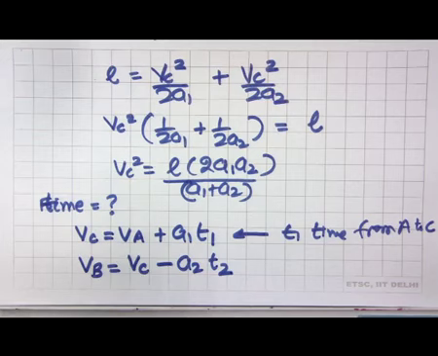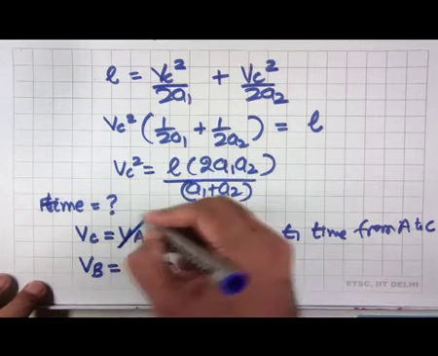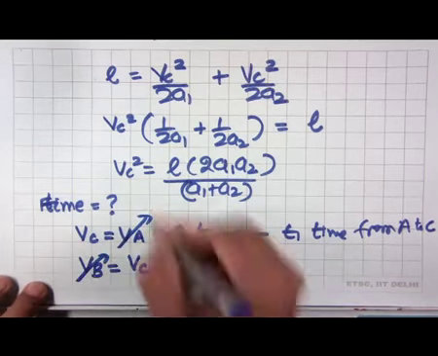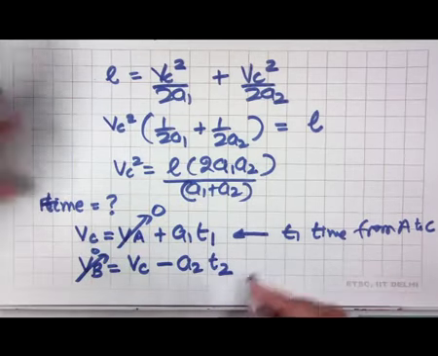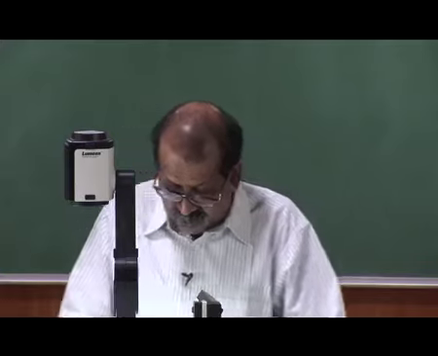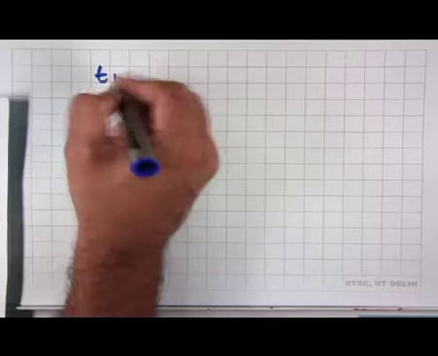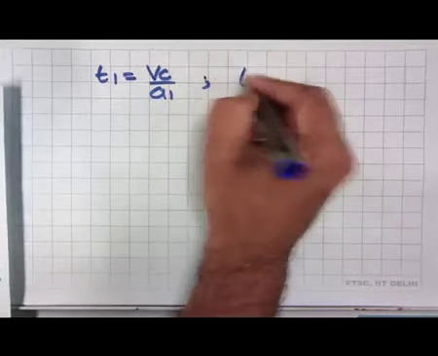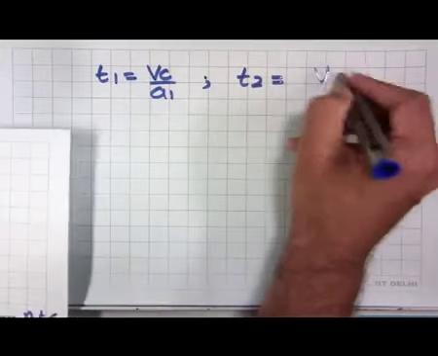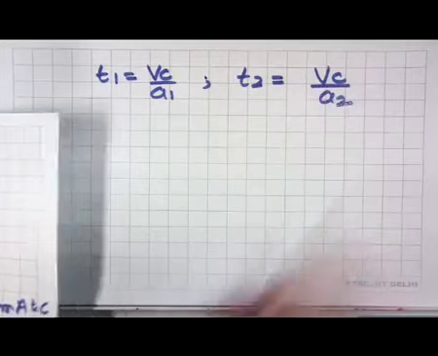Since Va is 0 and Vb is 0, T1 is equal to Vc upon A1 and T2 is equal to Vc upon A2.